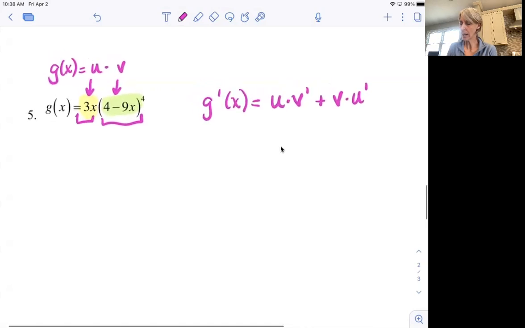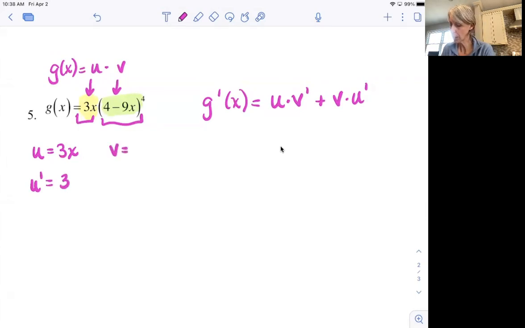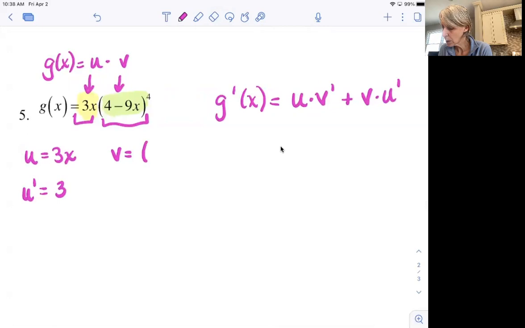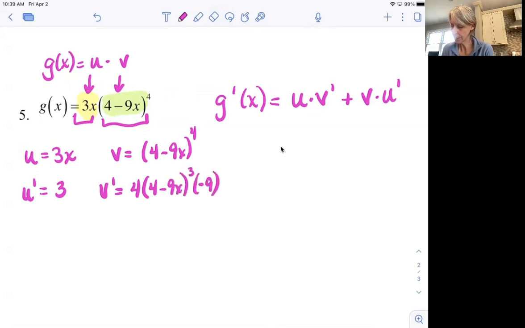Now what you could do on the side is, if u equals 3x, u prime is just 3. If v equals (4 minus 9x) to the fourth, v prime is equal to 4 times (4 minus 9x) cubed times negative 9.